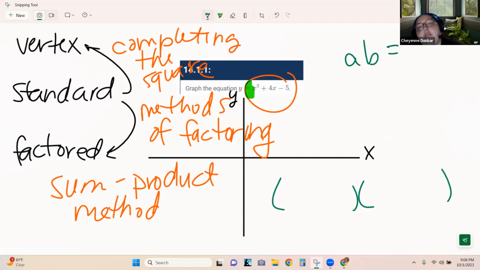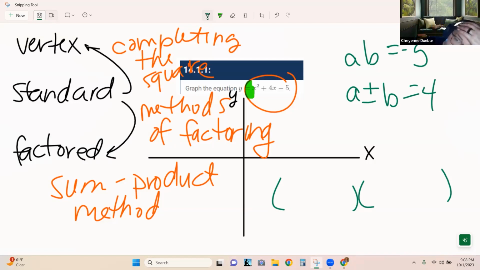I should be able to multiply the two numbers, multiply 2 factors of 5. So the 2 factors that equal 5, but when I add or subtract them, they equal 4. There's actually -5, right? So the only combination of factors of 5 that exists is 5 and 1. And the only way to make a 4 out of that would be to have a +5 and subtract 1. So the factored version of this quadratic is x plus 5 and x minus 1.